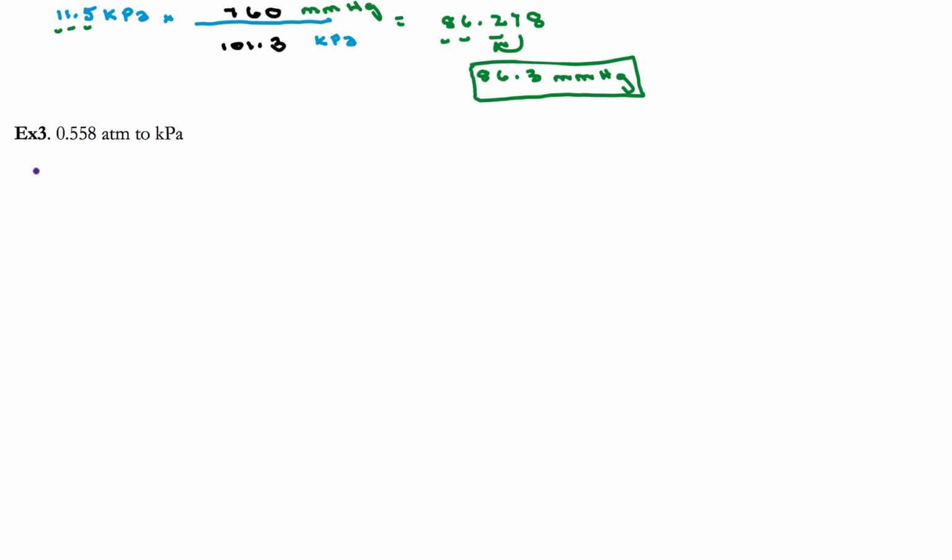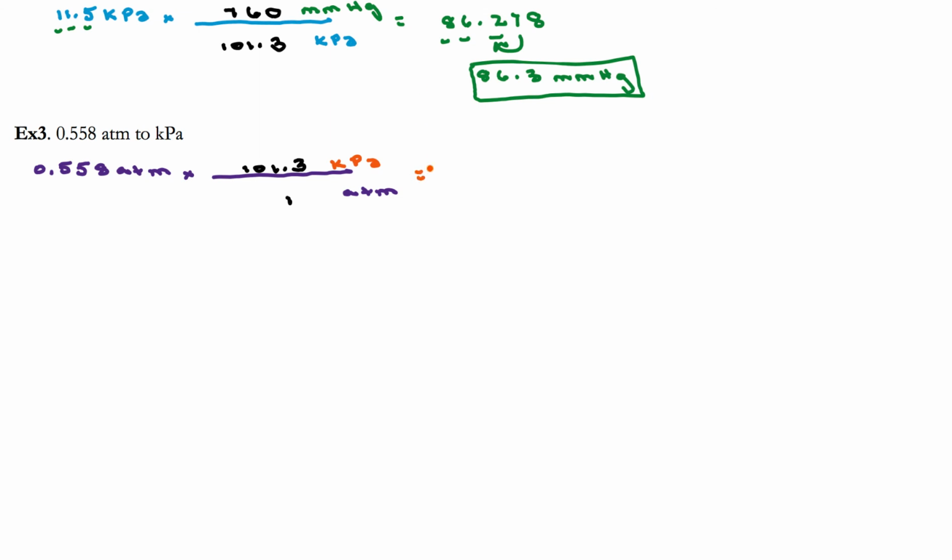Finally, 0.558 atmospheres. I'm going to put atmospheres on bottom, and I'm going to put kilopascals up top. Okay, let's look at this relationship. So I know 101.3 kilopascals equals 1 atmosphere.